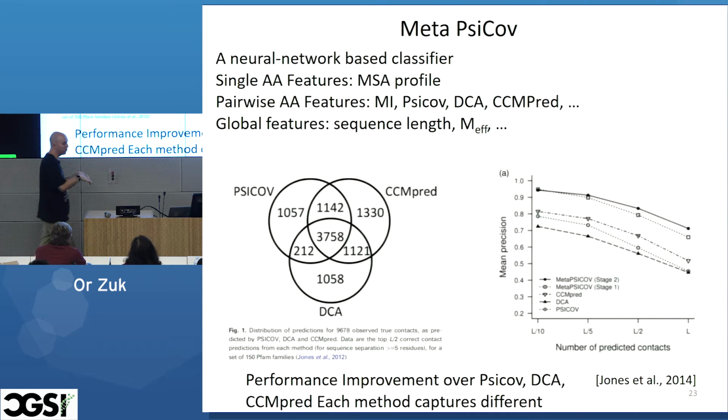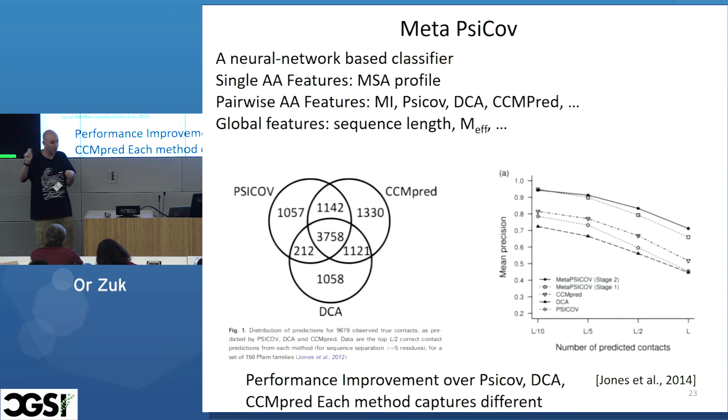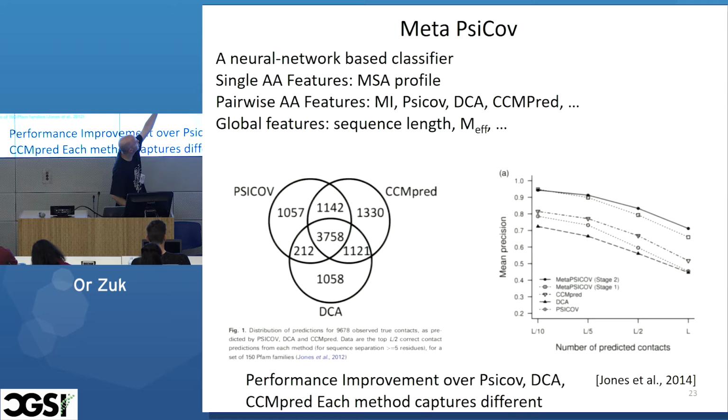Now you take all these features and you throw them in some clever way into a neural net, and you try to predict the contacts, 0, 1, either a contact or not. And as you can see, you get an improvement. On the right side, you see that the highest bar is MetaPSICOV, and the lower ones are the simpler methods of PSICOV or direct coupling analysis, etc. So by throwing in different features, you can improve your results.